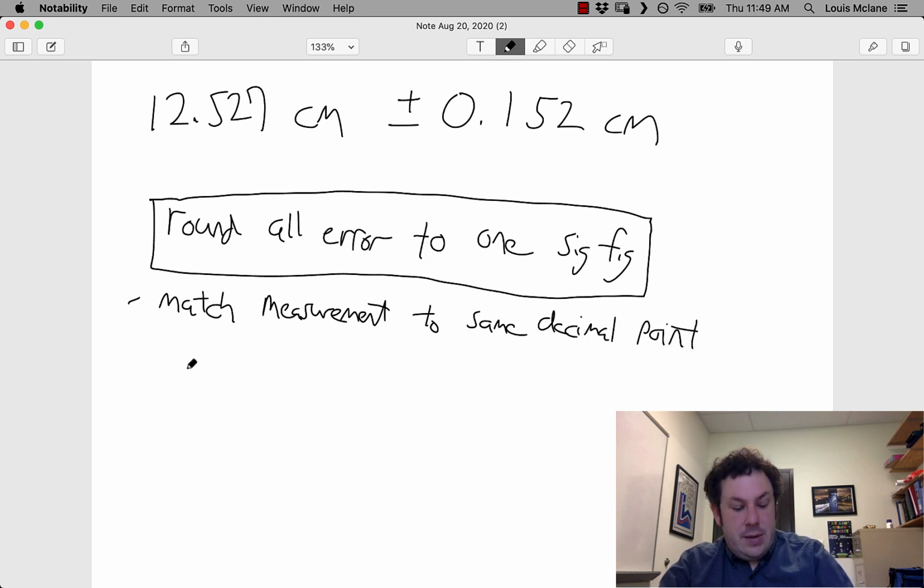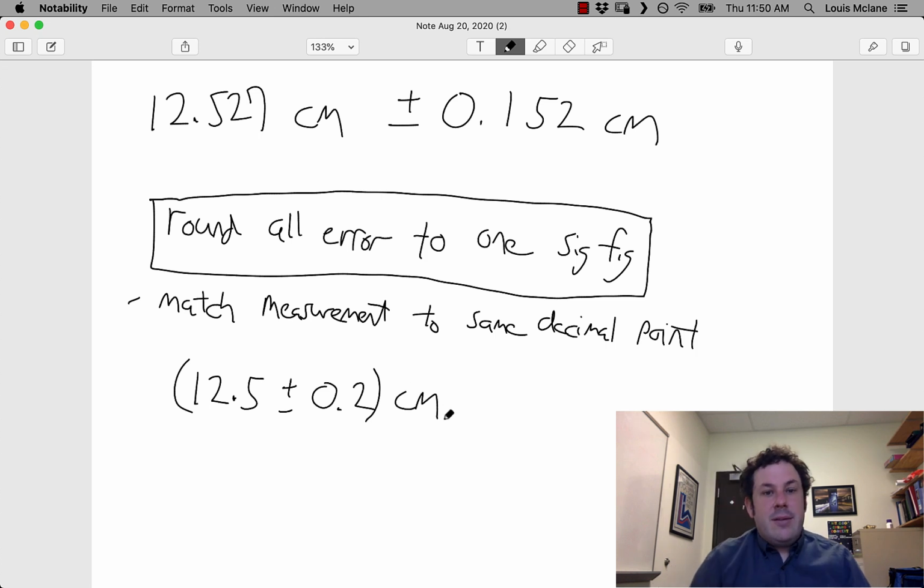So in this case, what you would have is 12.5 plus or minus 0.2. And then I put the units outside of it. That's kind of a nice clean way to write it. So there you can see what we've done is we've rounded the error to 1 significant figure and then matched the measurement to that same decimal point.